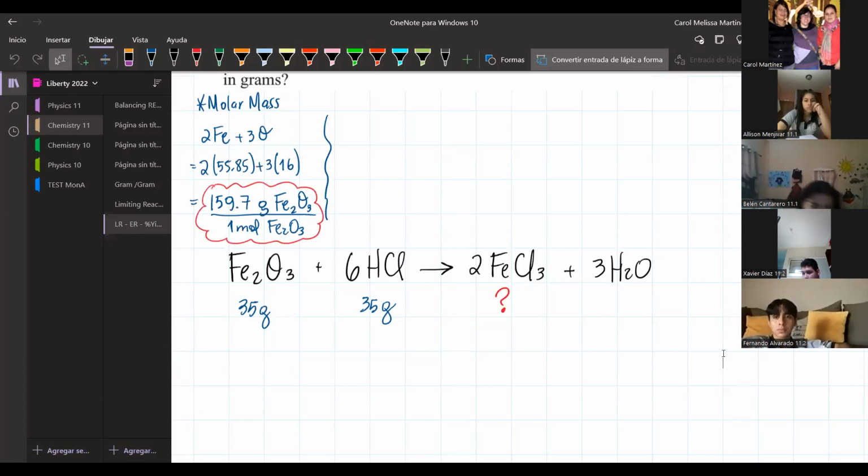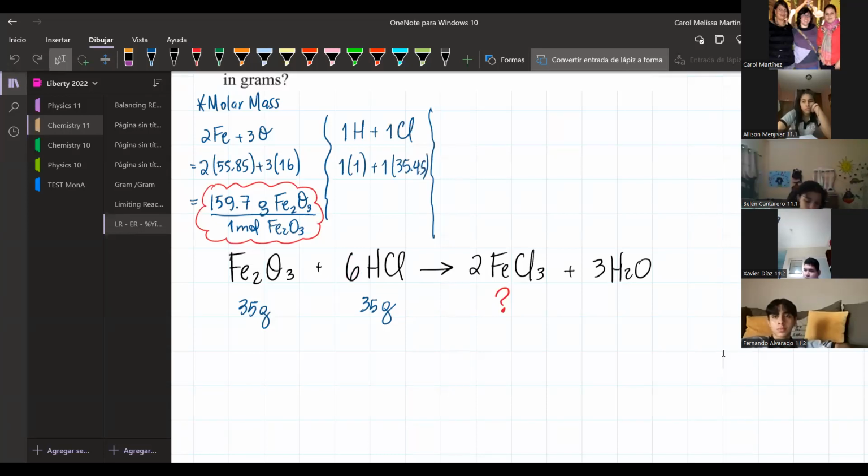Then my second molar mass is HCl. In HCl, I have 1 hydrogen plus 1 chlorine. Remember, just the molar masses. Here, you don't see coefficients, okay? Here you ignore the coefficient, you're getting molar masses. So this is going to be 1 times 1 plus 1 times 35.45.